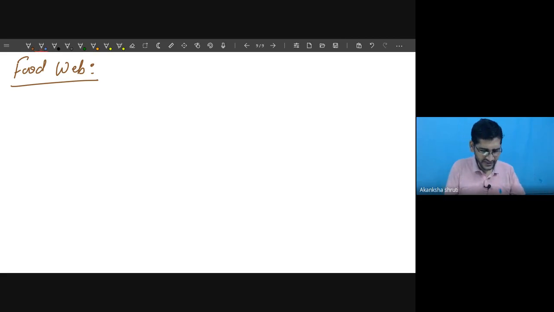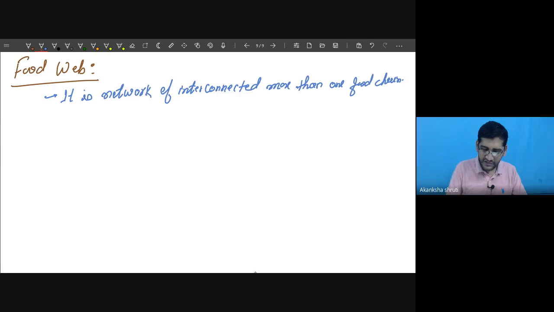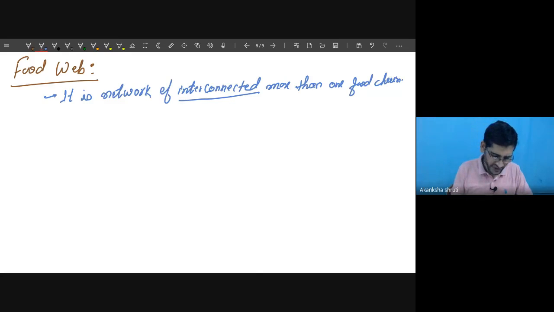A student, a food web is nothing but a network of interconnected, more than one food chain. This interconnection is done by some species which are common to more than one food chain.